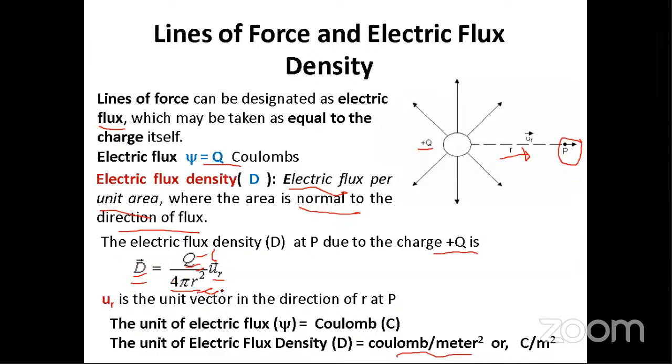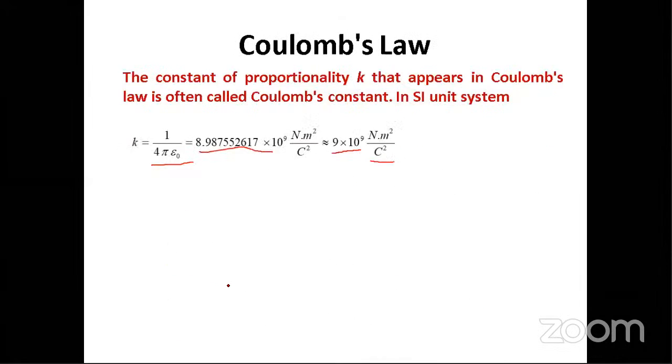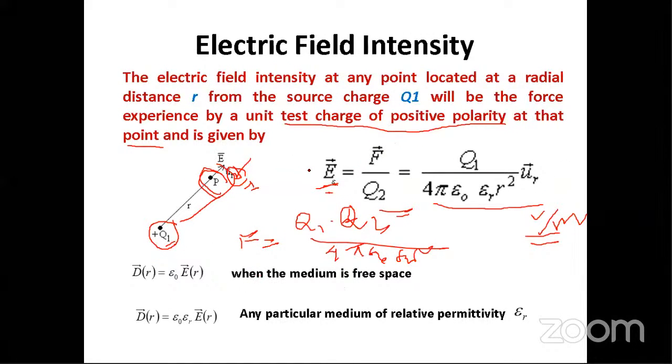If I want to find it in terms of electric field intensity, D is basically equal to epsilon times E. If you multiply by epsilon, epsilon cancels out, because epsilon is the product of epsilon 0 into epsilon r. So epsilon 0 epsilon r cancels out, and ultimately you get Q by 4 pi r square. This is the expression of electric flux density in free space.